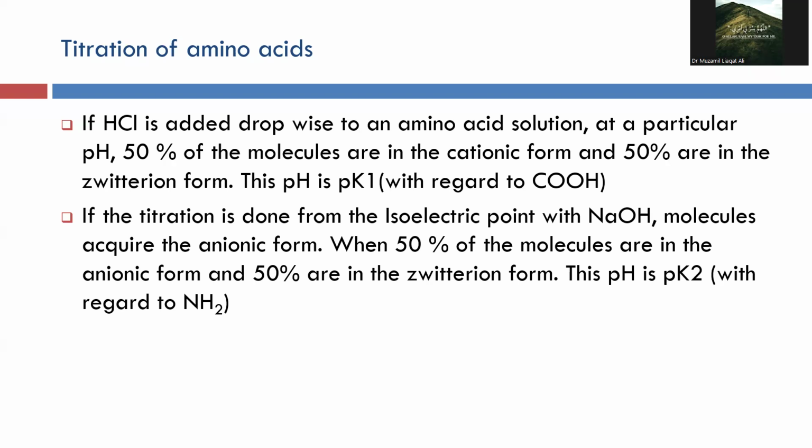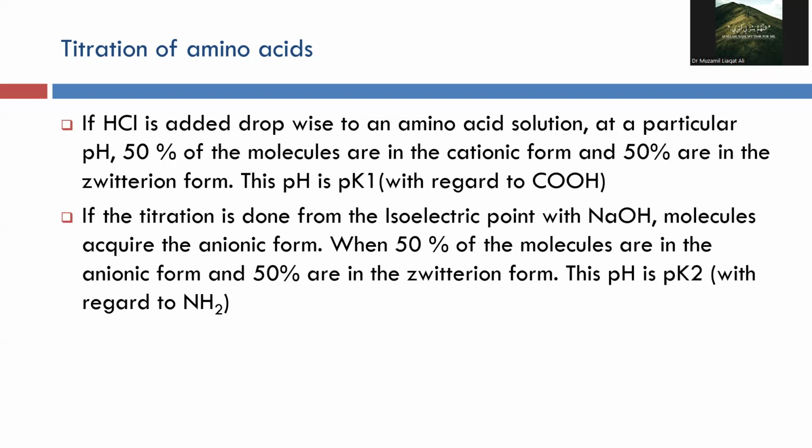Now, at step 3, continue adding HCl. You reach the isoelectric point. The net charge will be 0. And at step 4, add even more HCl. Now protons start binding to the amino group, forming NH3+. At the pH where 50% of amino groups are NH2, with no charges, and 50% are with the positive charge, NH3+.